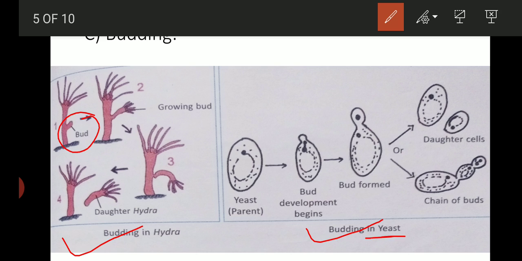We have learned about yeast in our class 7th. It is a unicellular fungus. Most fungi are generally multicellular, but yeast is the example that is a unicellular fungus. And the offspring remains attached to the parent during its growth. It separates at an appropriate time to live as an independent organism.